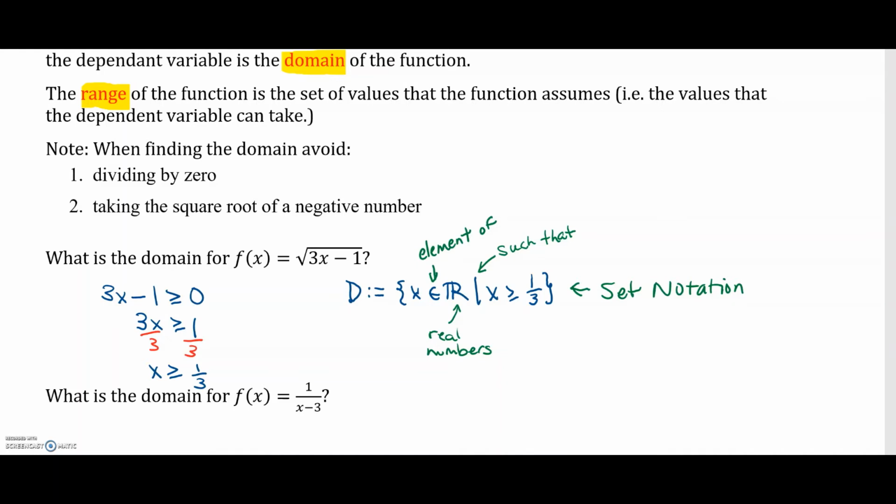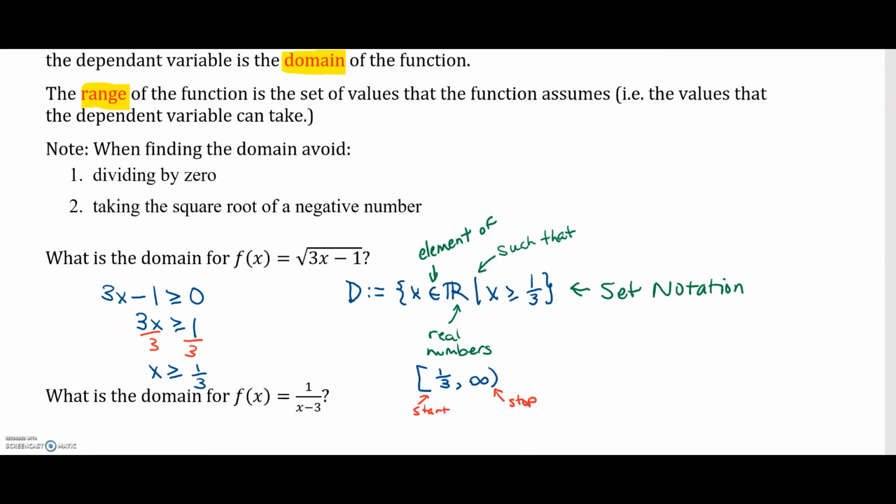Another way that we can write our domain is using an interval. We know that x can take on values as low as 1/3 and all the way up to infinity. So we have our start value and our stop.